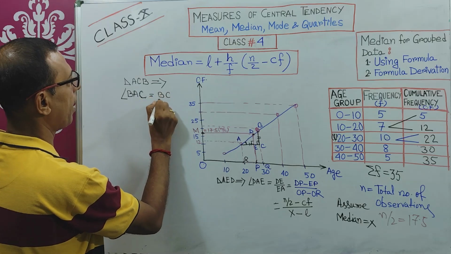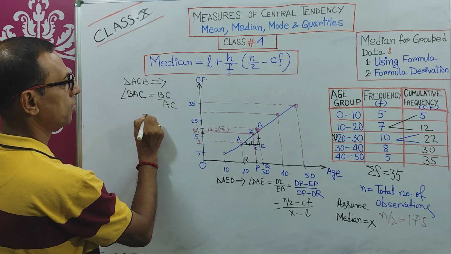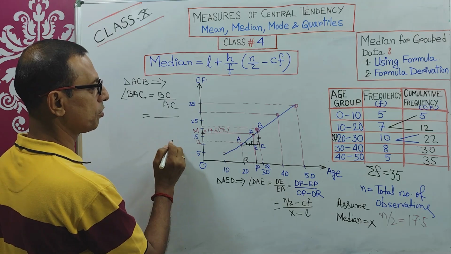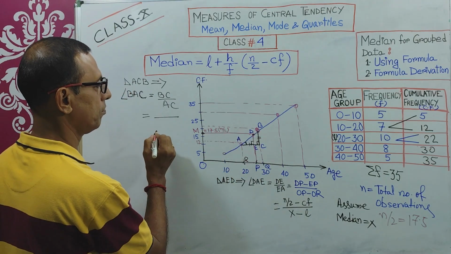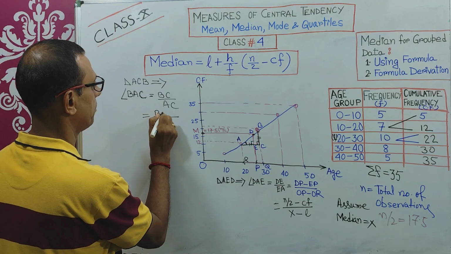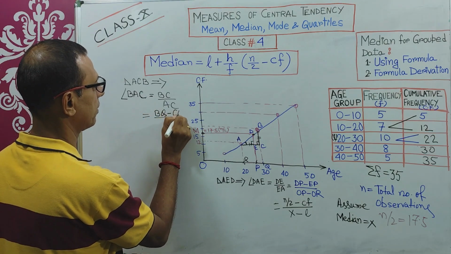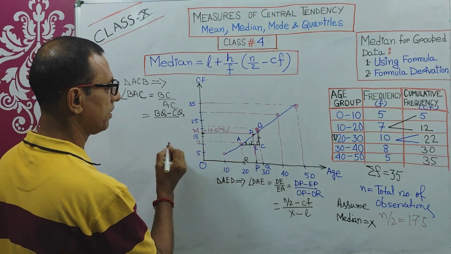What is BC? BC equals nothing but BQ minus CQ by AC.